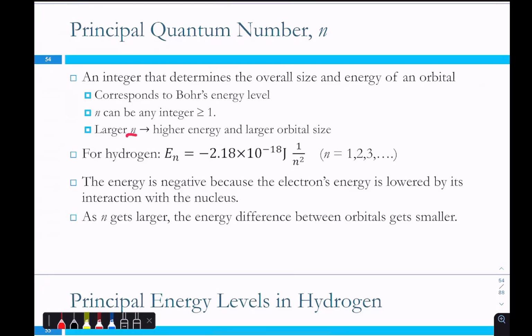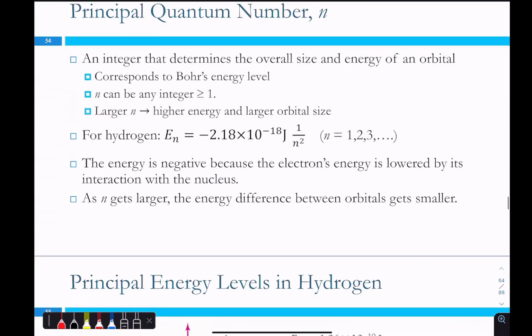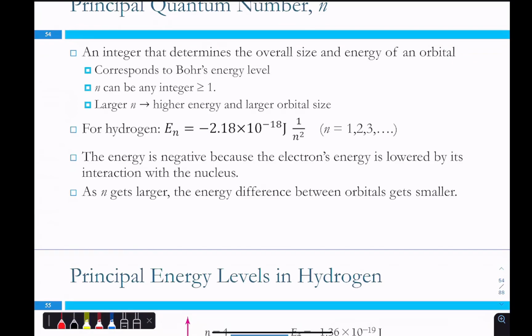So increasing n, you get farther and farther away from the nucleus, which means you have higher and higher energy. It's not linear. The closer an electron is to the nucleus, the more stable it is, because it's being stabilized by the interaction with the nucleus. So anything that's really close to the nucleus, in something like n equals 1, is going to be especially stable.